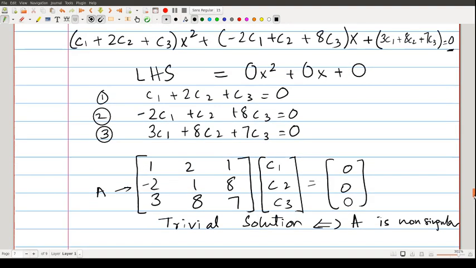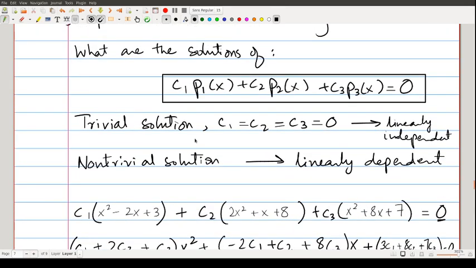So up there, when we wrote that a trivial solution results in linear independence, over here we know that A is non-singular, and if we find A to be singular, then it will have a non-trivial solution, which will mean that p1, p2, p3 are linearly dependent.